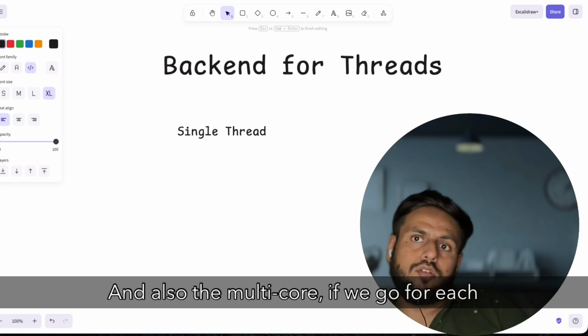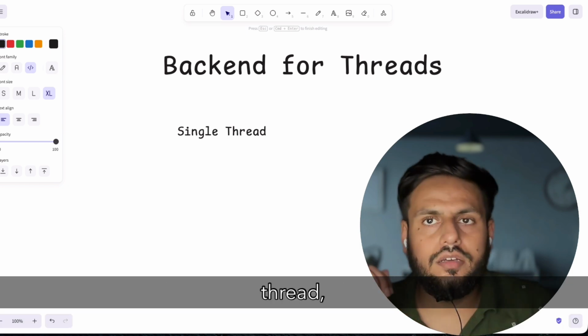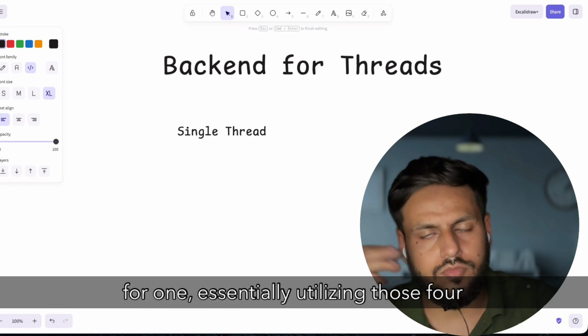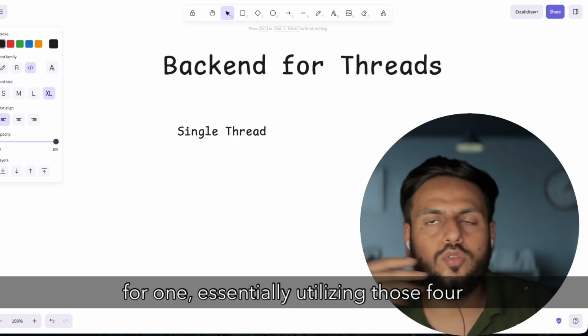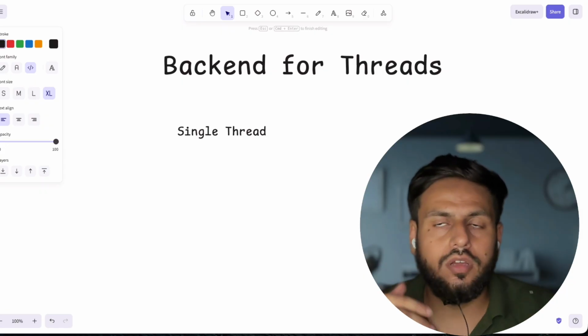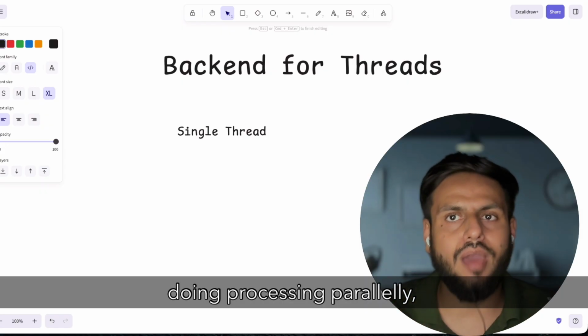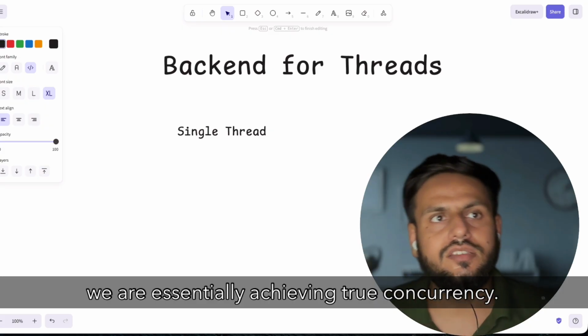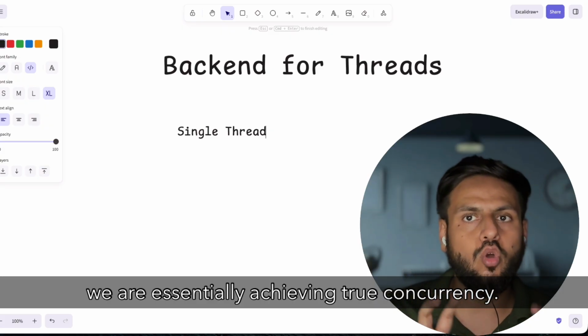And with multi-core, if we go for one thread per core, essentially utilizing those four cores and doing processing in parallel, we are achieving true concurrency.